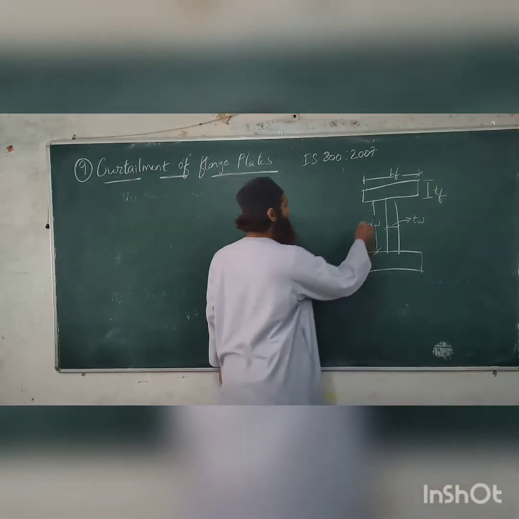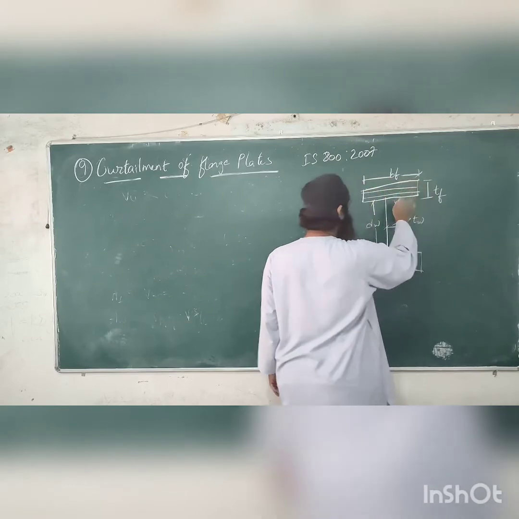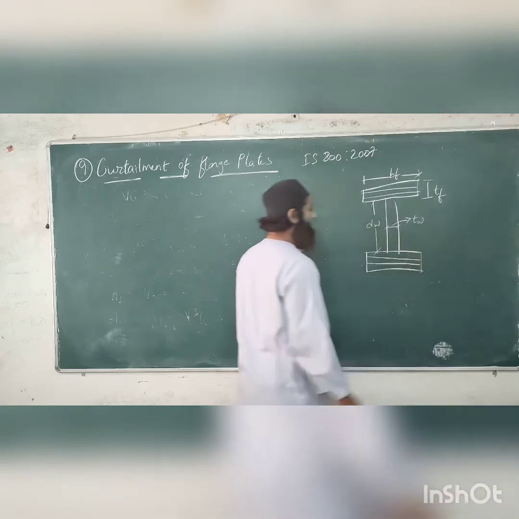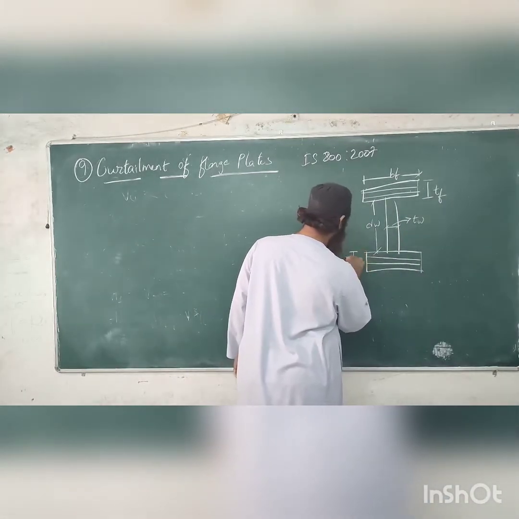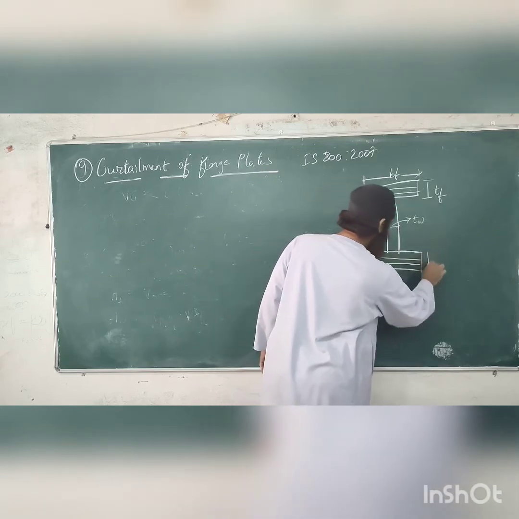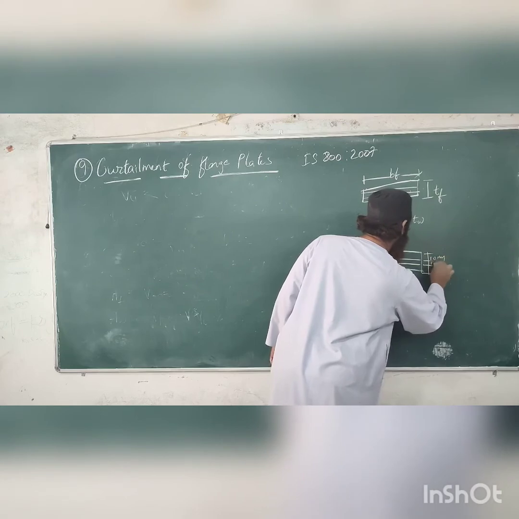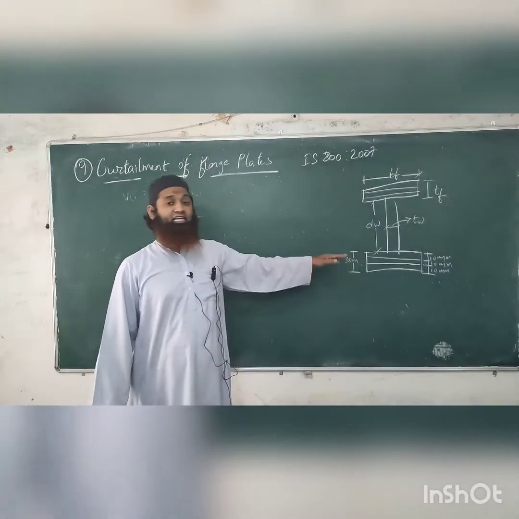So what we do is, we take 10 mm plates and we fix 3 plates of 10 mm here. This is 30 only, but each plate is 10 mm. So it will be very easy to weld these plates.